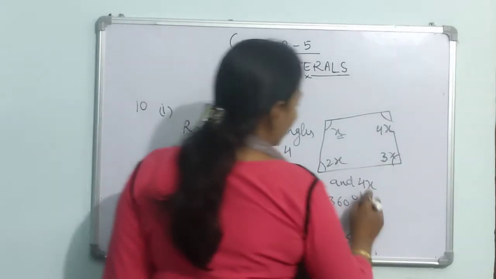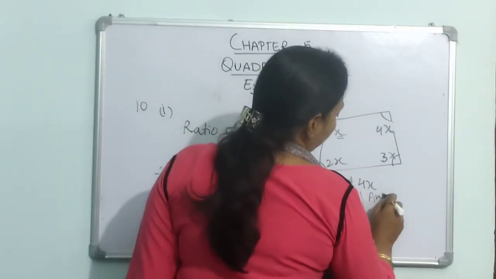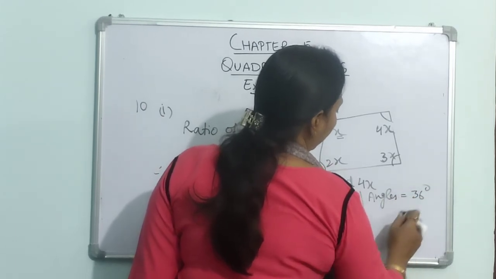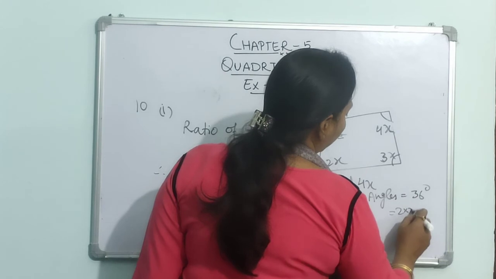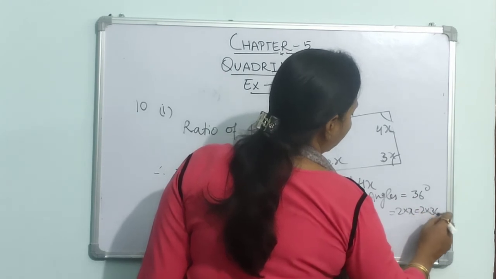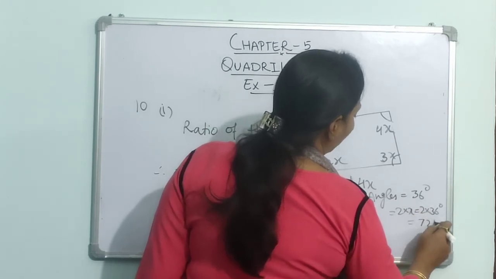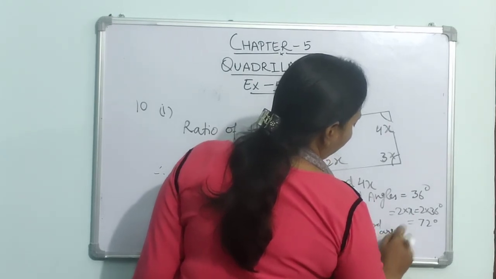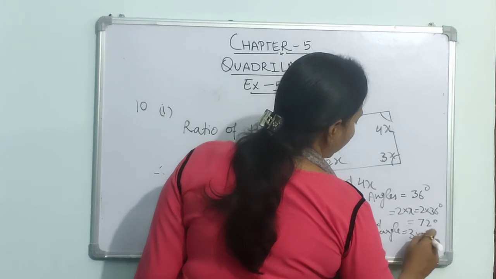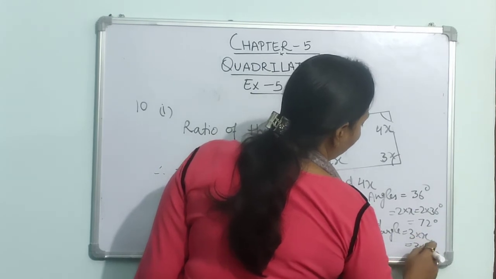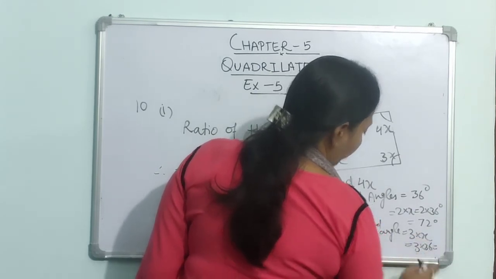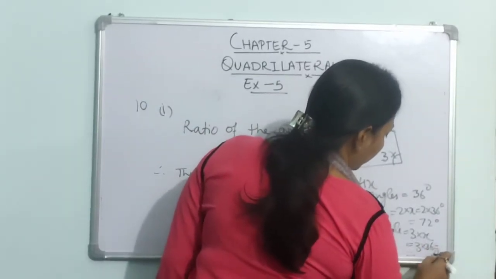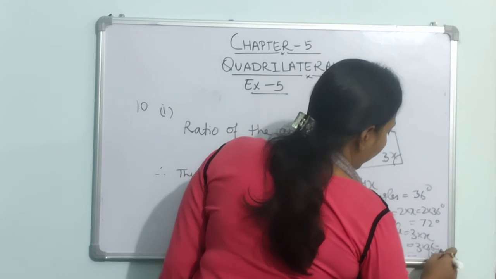So the angles you can find: the first angle will be 36 degree, the second will be 2 into x, that is 2 into 36 degree, that is 72 degree. The third angle will be 3 into x is equal to 3 into 36 degree, that is 108 degree.